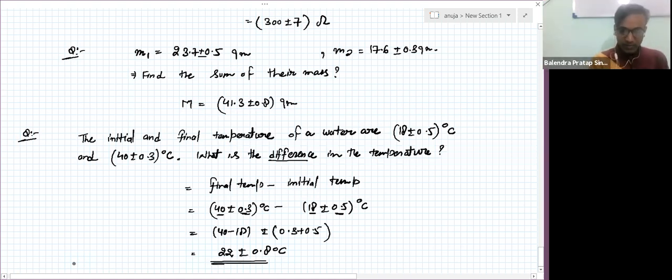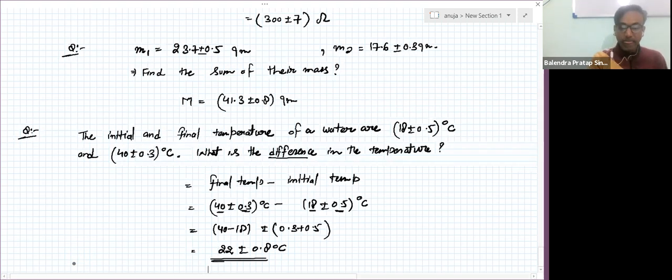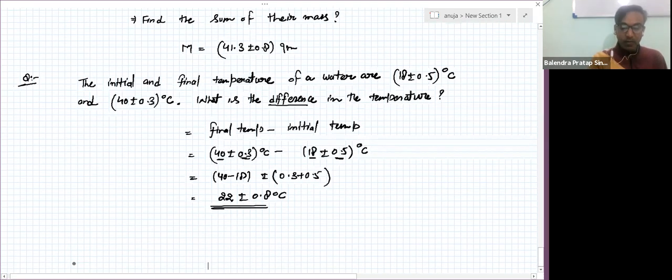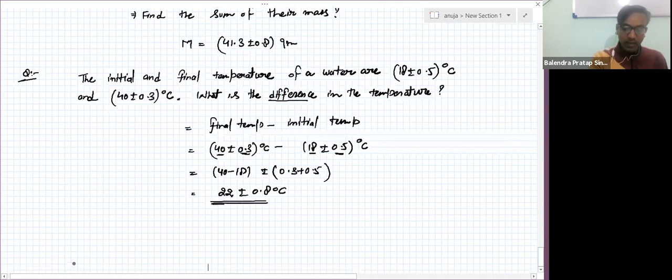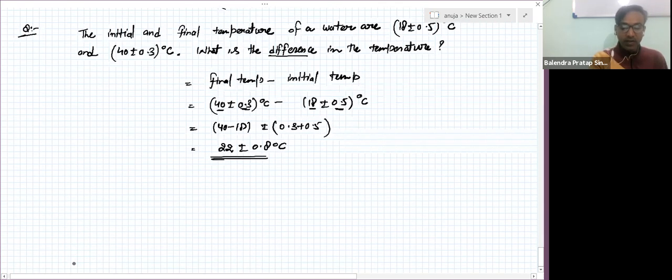Up to now I discussed two formulas: how to add two errors and how to subtract two errors. Okay, now let's go to the next formula, which is the product or quotient.